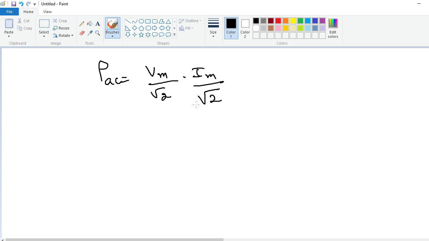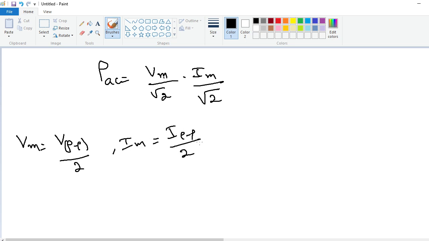What is Vm? Vm is equal to V peak to peak value divided by 2. Im is equal to I peak to peak value divided by 2.